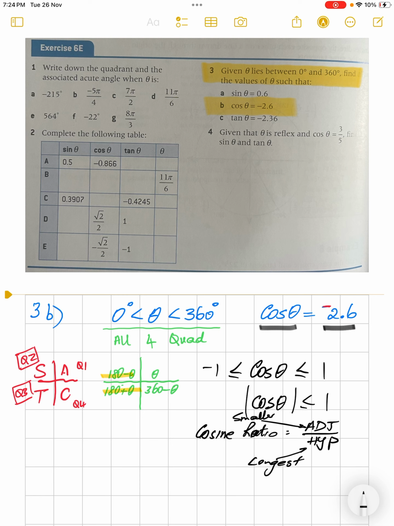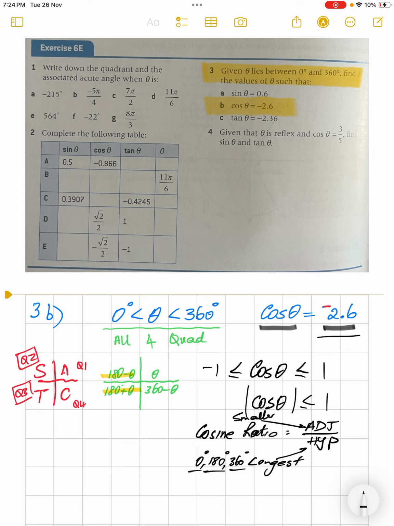The only time the adjacent side and the hypotenuse are the same is when the opposite side collapses. That happens at 0 degrees, 180 degrees, and 360 degrees. If you did cos of 0, cos of 180, cos of 360, you'll get 1, negative 1, 1. You will never get a number smaller than negative 1.